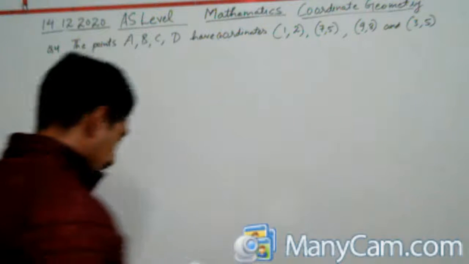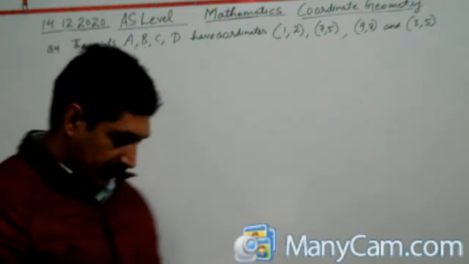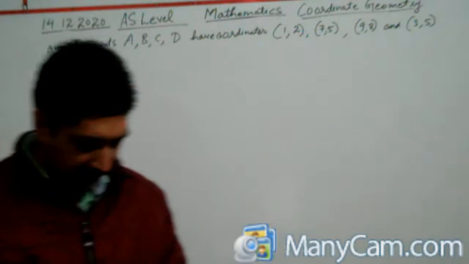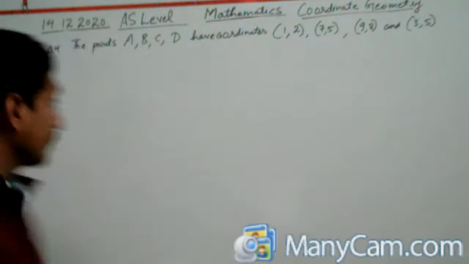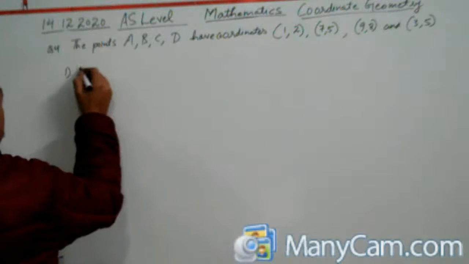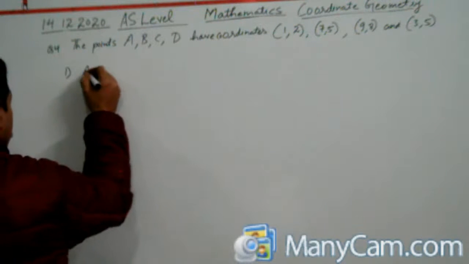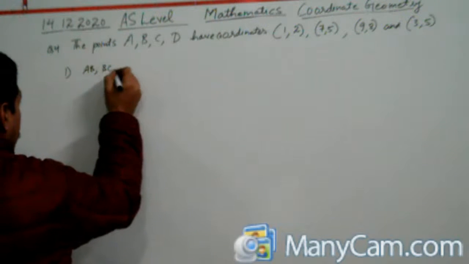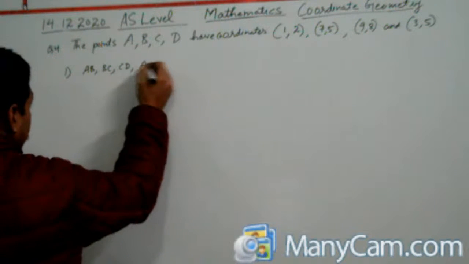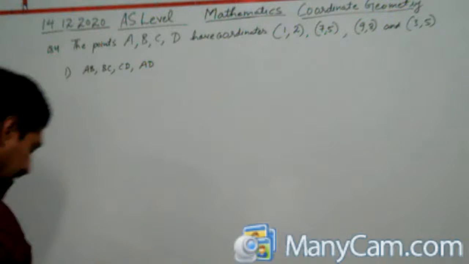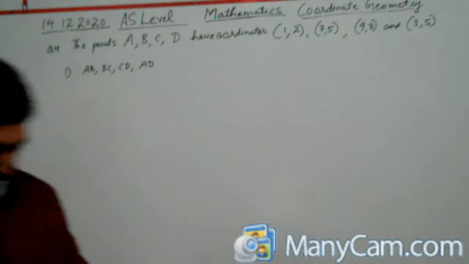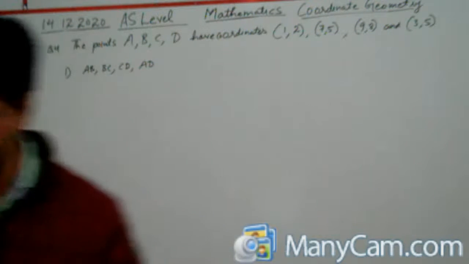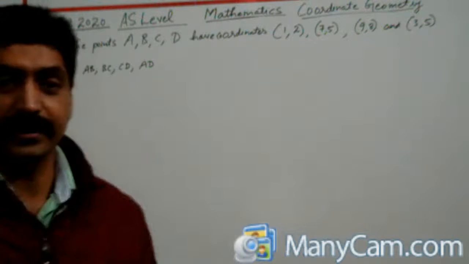Now three things they are asking. The first part is to find the gradient of AB, BC, CD and DA. So we know how to find the gradient.